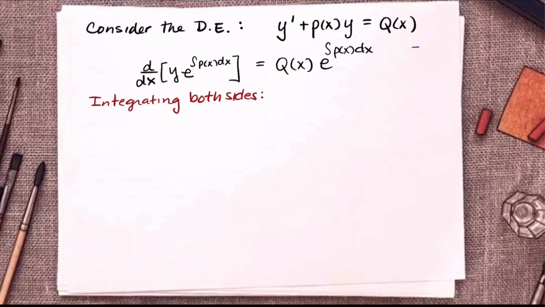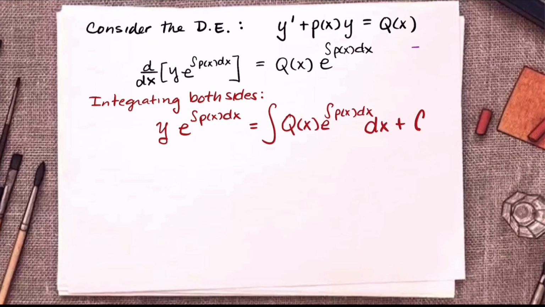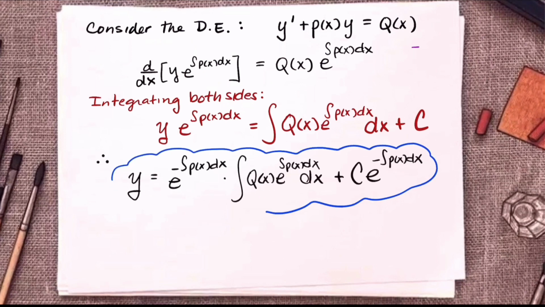And by integrating both sides, we can then develop a solution, a general solution. We'll have to compute an integral on the right-hand side, but on the left-hand side, we can get rid of that factor of e to the integral of p dx by just multiplying both sides by its inverse. And we get the general solution to look like this.